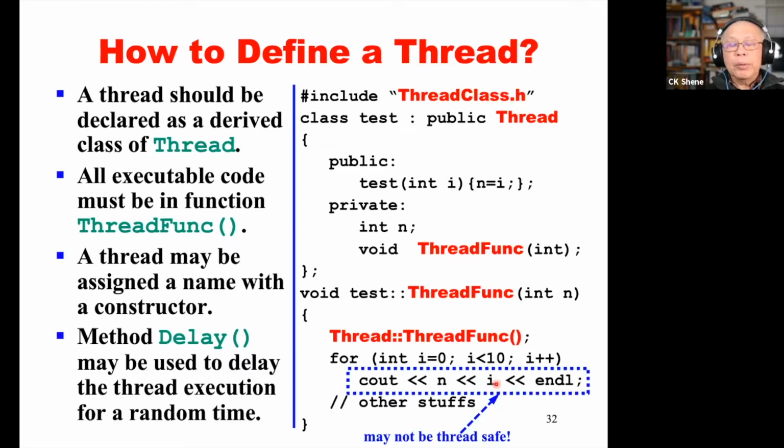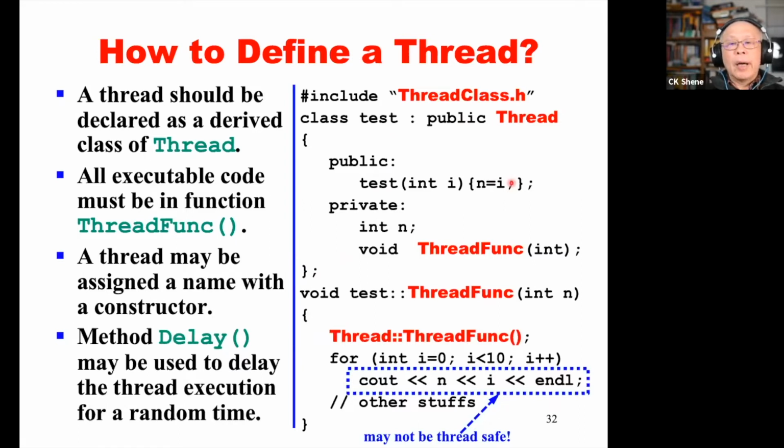But we cannot do that because we used a visualization system. So let me quickly go through it. When you want to design a thread, inherit everything in the public section of the thread base class into your thread class. Then you write your constructor.